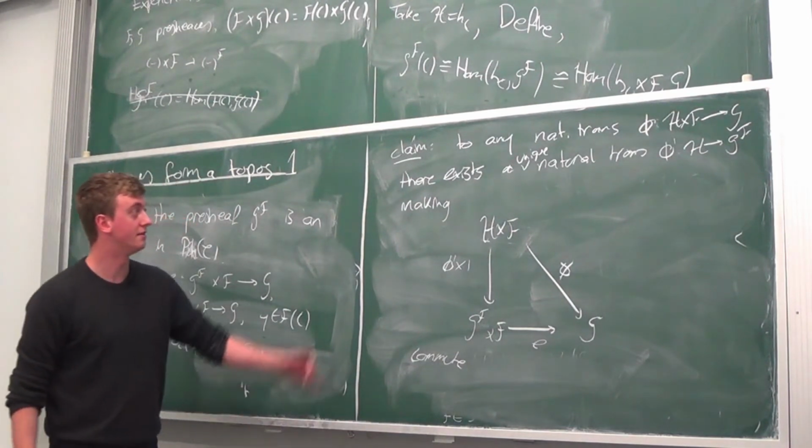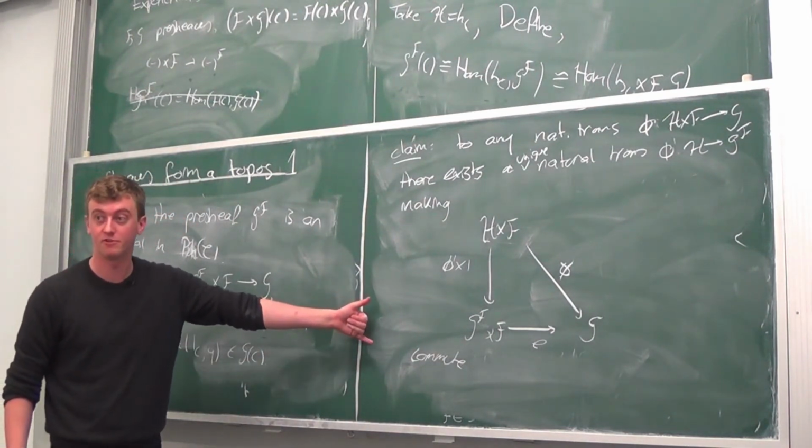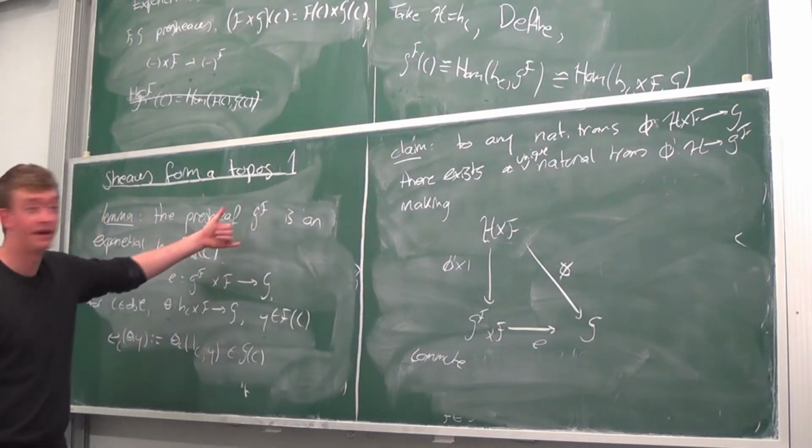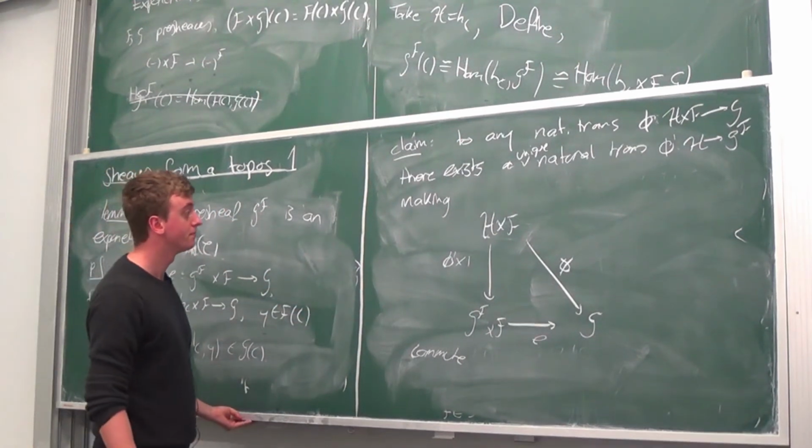Okay, so this claim will, by one of the characterizations of adjoint functors, prove that this is, in fact, the exponential object that we need.